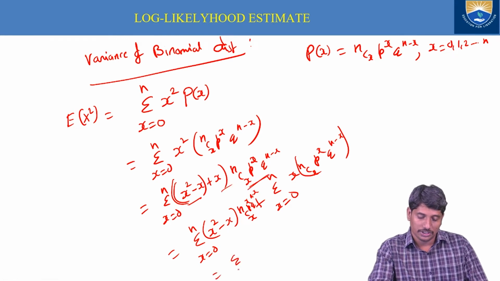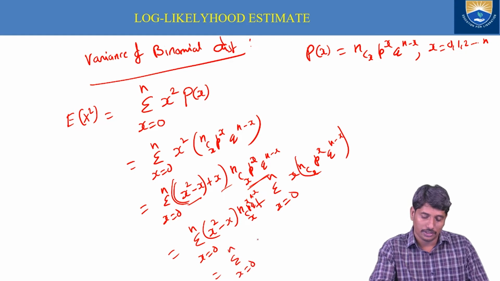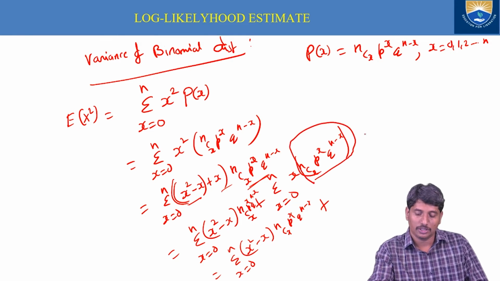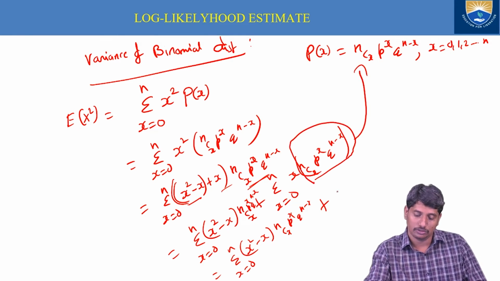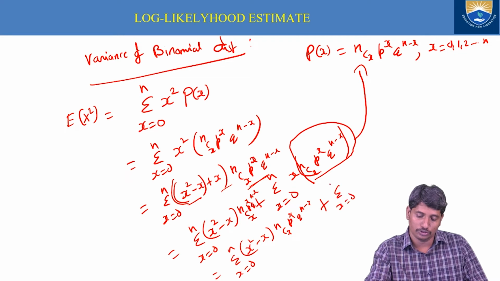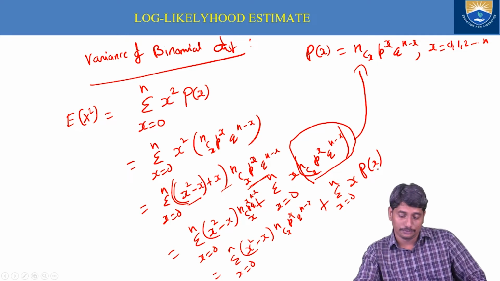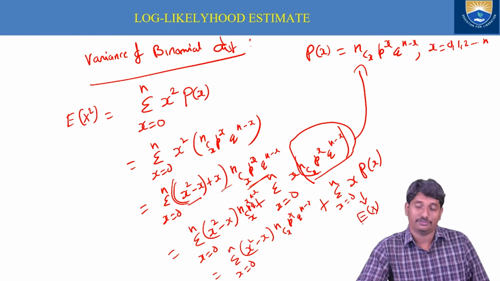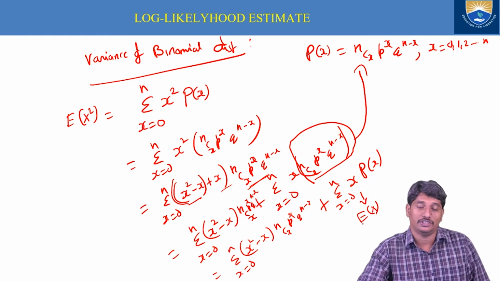Now summation x is equal to 0 to n, (x square minus x) nCx p power x q power n minus x, plus, here if you observe, this is nothing but p of x. So this becomes summation x is equal to 0 to n, x into p of x. But this is nothing but E of x, the definition of the expectation of a discrete random variable.